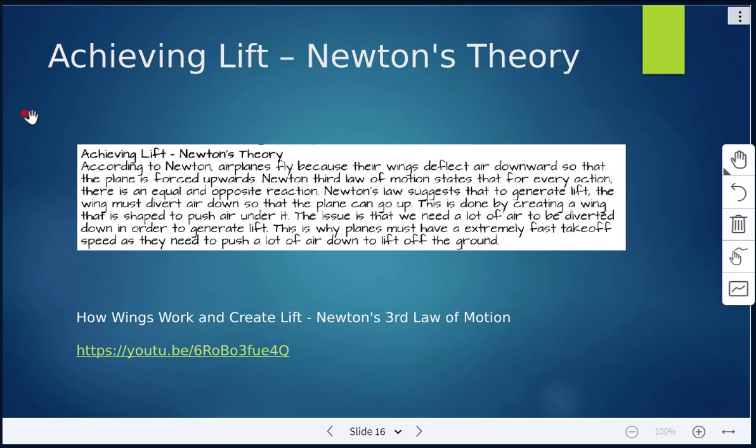All right, so a wing is created that's shaped to push air under it. The only issue is that you need a lot of air to be diverted down in order to generate lift. So that's why planes have to have really, really fast takeoff speed, as they need to push a lot of air down to lift off the ground.